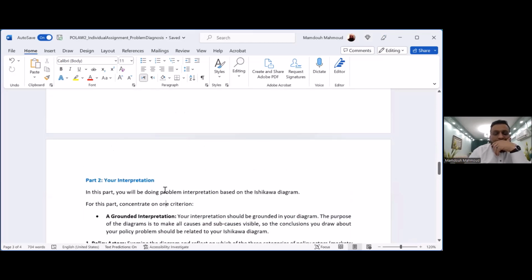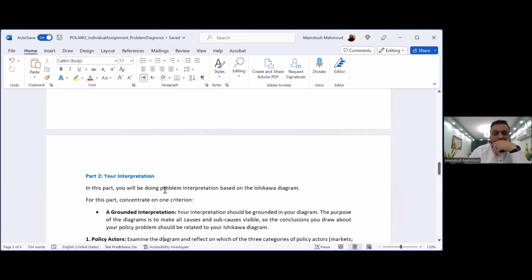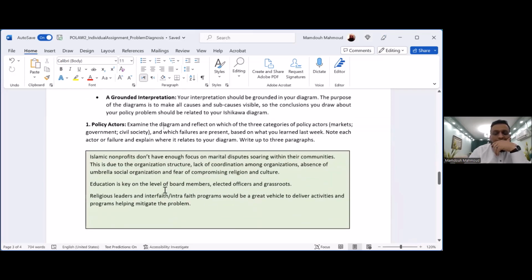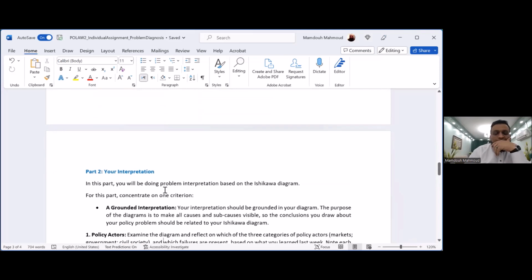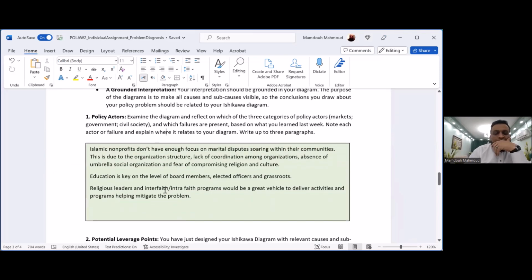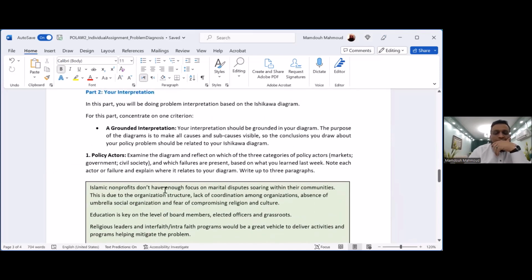So who can tell me? Now, I want you to read this, and based on it, we are going to interpret. In this part, you will be doing problem interpretation based on the diagram that we did. I want you to look at the diagram that you did, and we'll look at it in a minute.